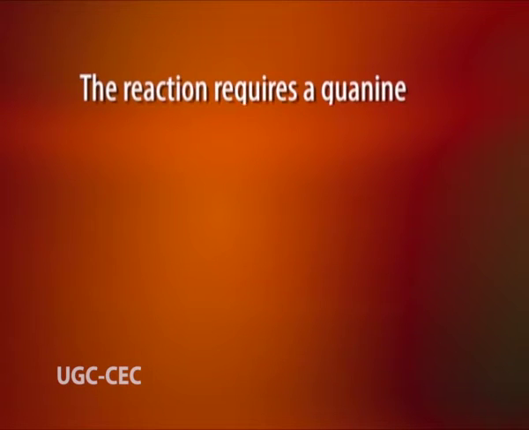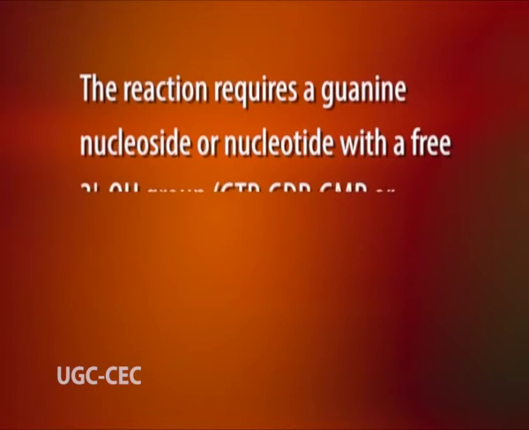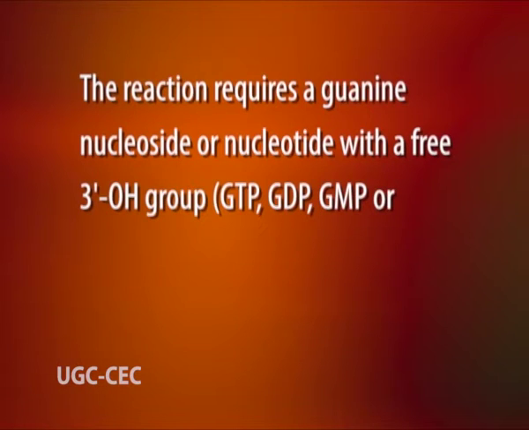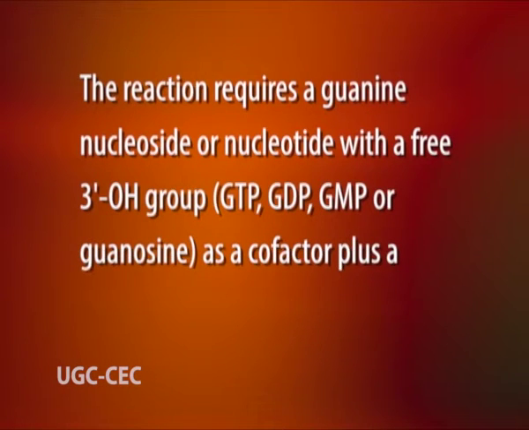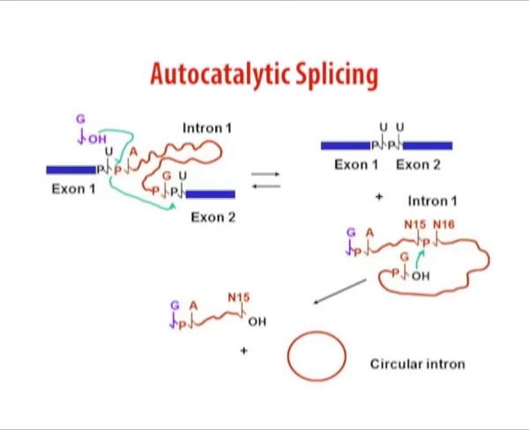The reaction requires a guanine nucleoside or nucleotide with a free 3' hydroxyl group, GTP, GDP, GMP or guanosine, as a cofactor plus a monovalent cation and a divalent cation. The intron is excised by means of 2 phosphoester bond transfers, and the excised intron can subsequently circularize by means of another phosphoester bond transfer.